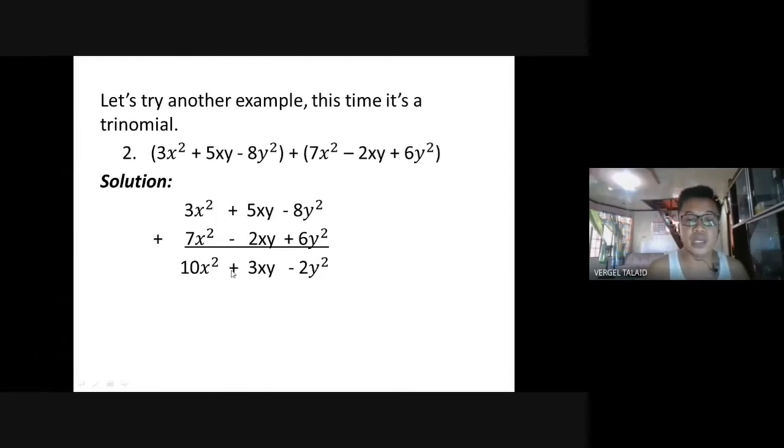Copy the sign of the largest absolute value, that is positive 3xy. Negative 8 plus positive 6: these are unlike signs, so you are going to subtract, that is 2. Then copy the sign of the largest absolute value. Since negative 8 has a bigger absolute value compared to positive 6, our answer is negative 2y squared.